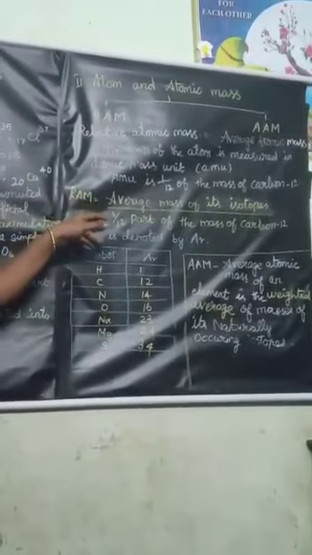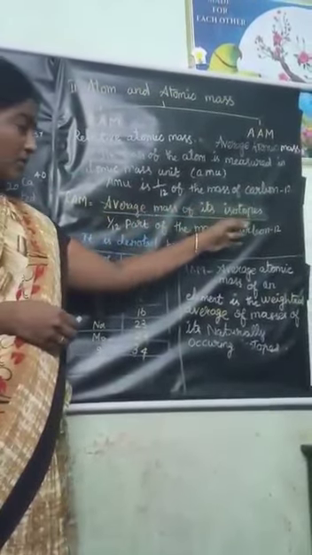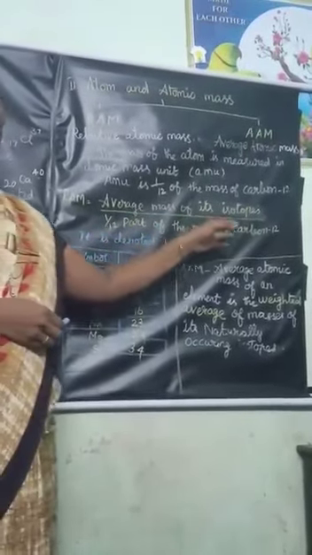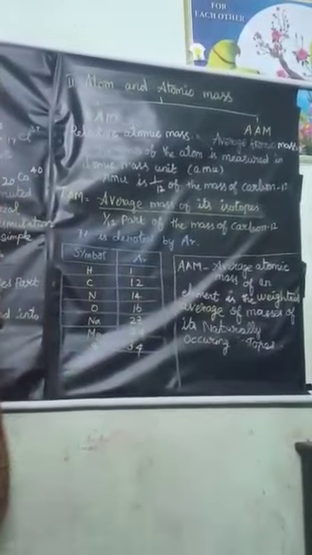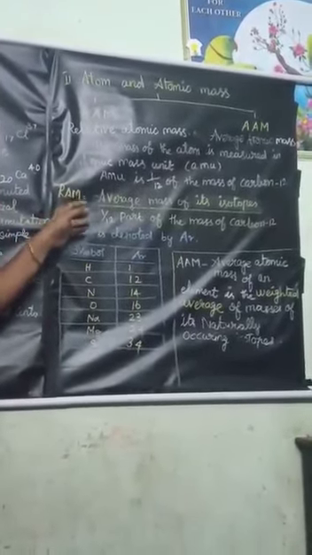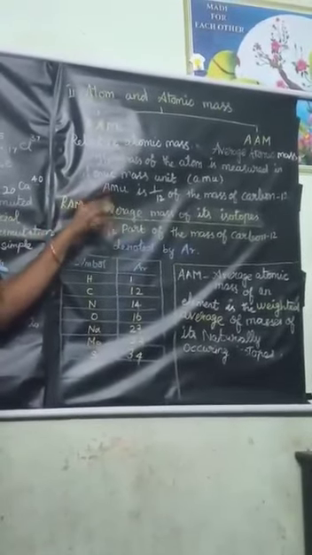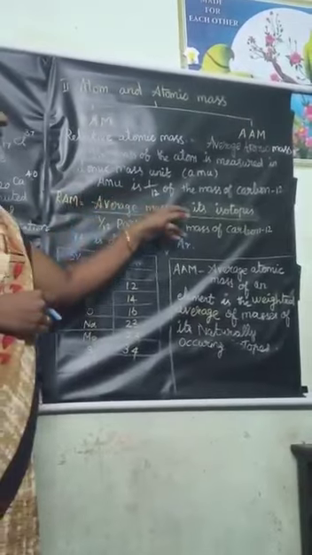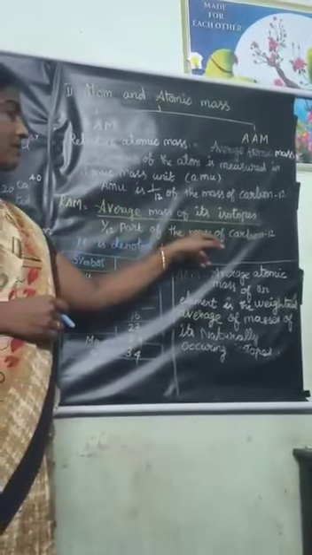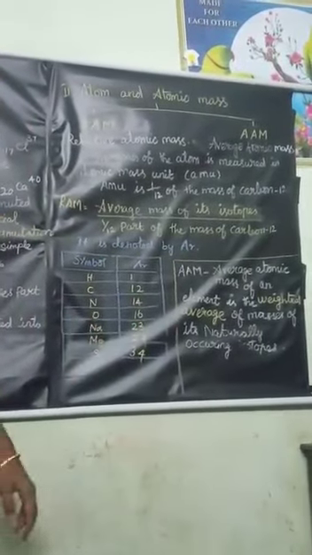Relative atomic mass is a ratio between the average mass of its isotope to the 1/12 part of mass of the carbon 12 atom. Okay, once again I tell, what is the definition of relative atomic mass? Relative atomic mass is a ratio between the average mass of its isotope to the 1/12 part of mass of the carbon 12 atom. So this is called relative atomic mass.